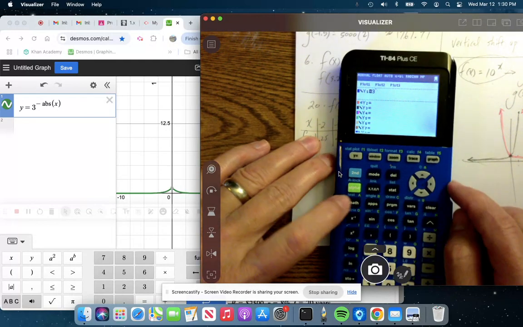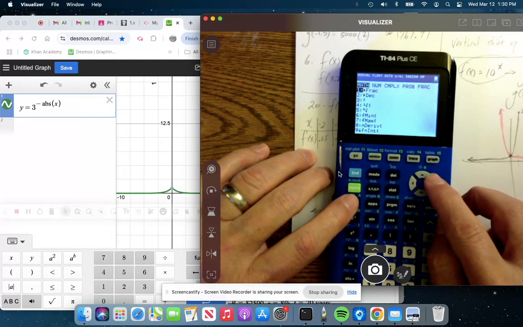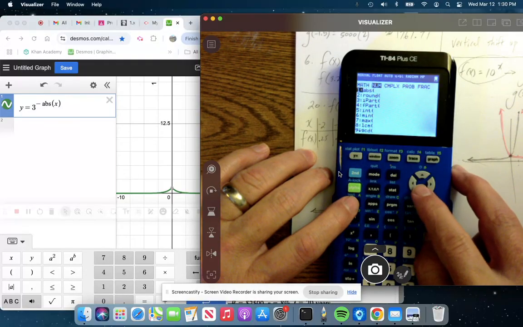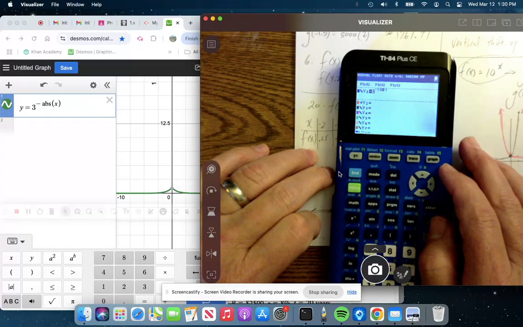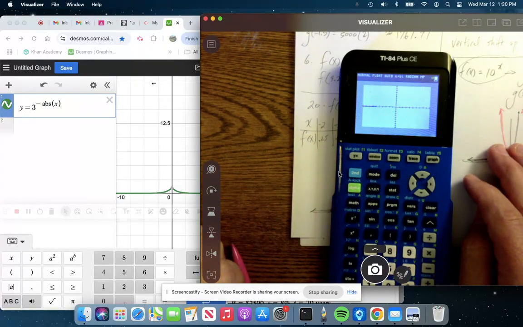Now absolute value is under the math button. You go to math, and then I think it's under number. Yeah, it's right there, ABS. Absolute value x. And there's your graph. Same as on Desmos.